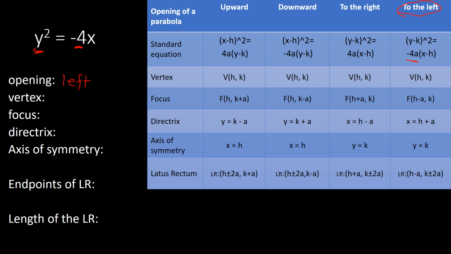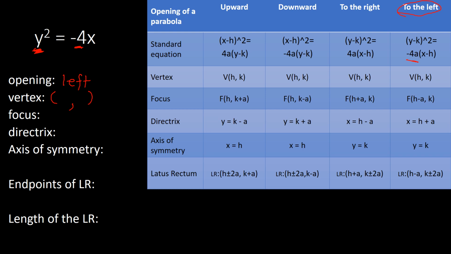So let's have our vertex. Here, we are just going to rely on our equation. If you try to look at this, this is the first variable, which is y. So you have to be careful on that one. Whatever number is added or subtracted to it, you must write it on the second coordinate.